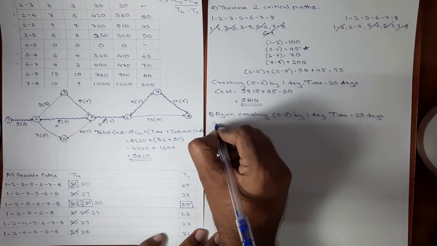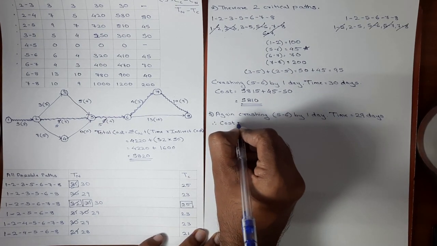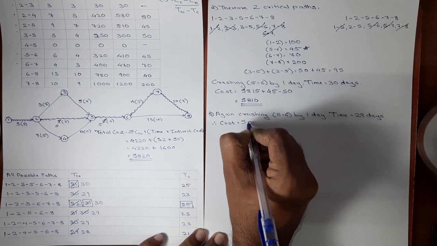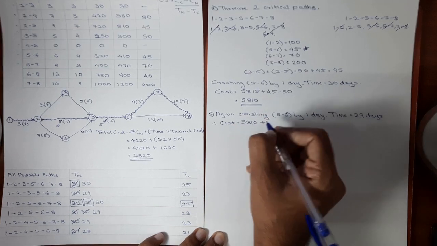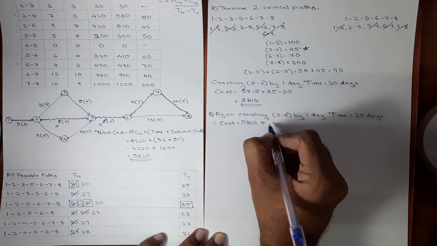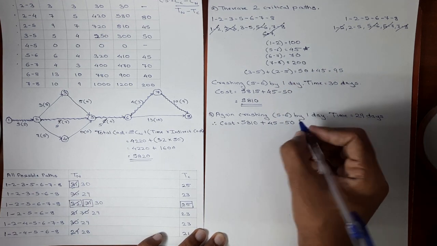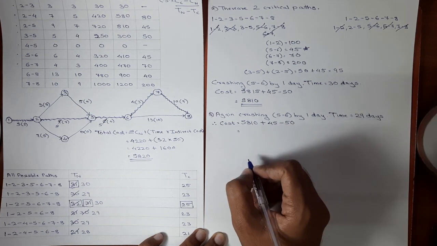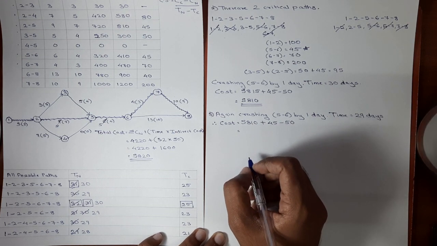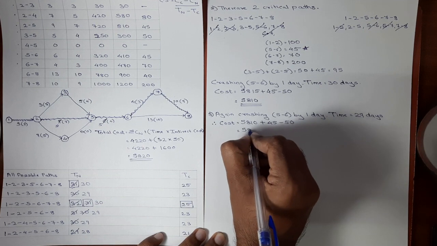Now we'll be calculating the corresponding cost for 29 days. Now the total cost will be 5810 plus cost slope of 5, 6 is 45, minus indirect cost of one day, which is 50. Here we get the value as 5805 rupees.